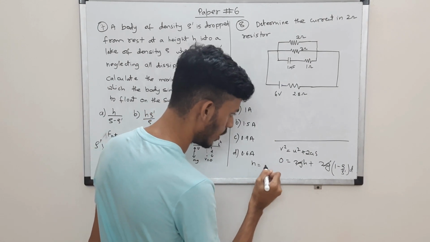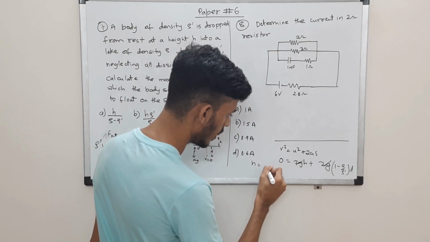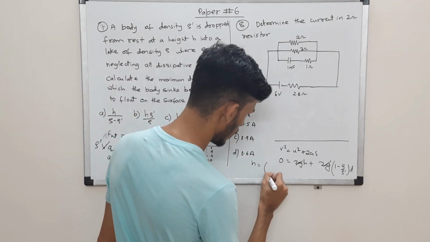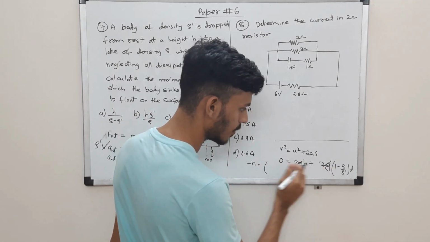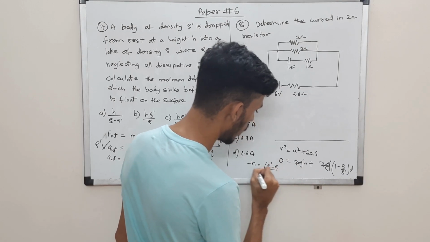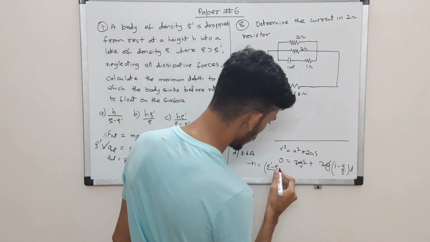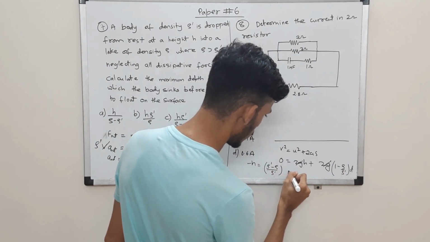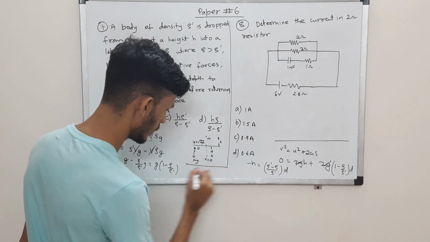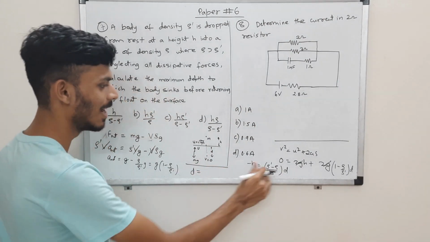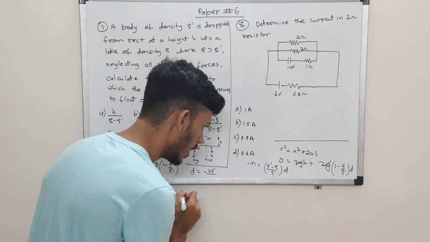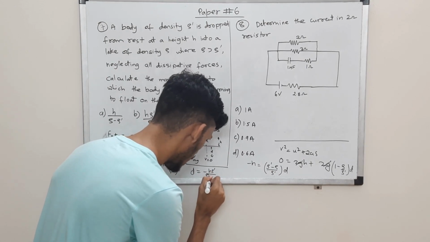So h is equal to minus h, I'll get this over here, and this will be rho dash minus rho upon rho dash, into d. So d will be h minus h rho dash upon rho dash minus rho.